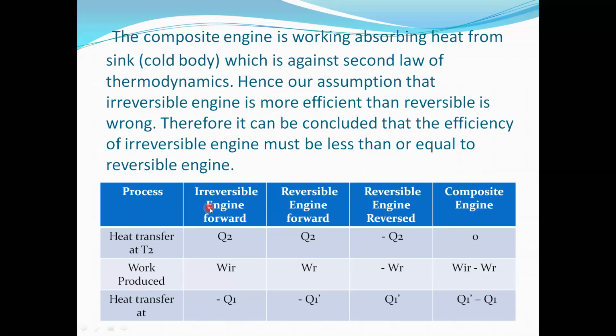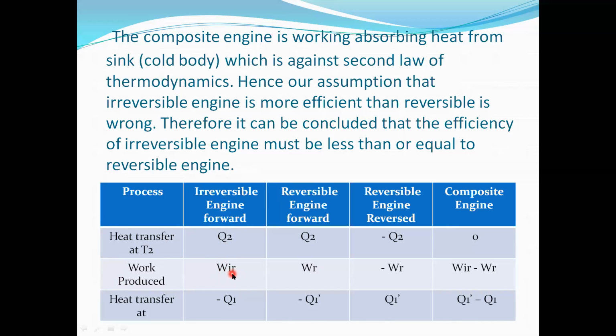Now one by one, for the irreversible engine forward, we write the values. So what is the value of heat transfer? It is Q2, as we have shown in the diagram. Now the work produced by the irreversible engine is WIR.